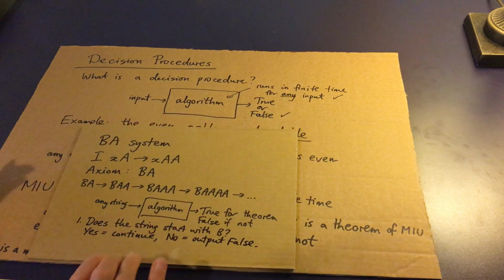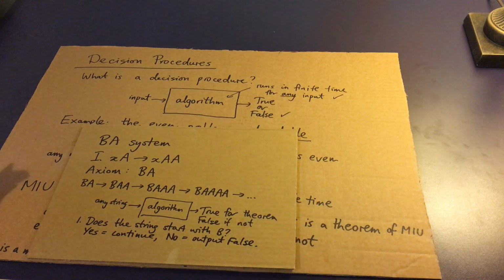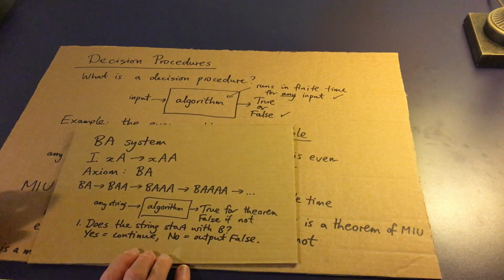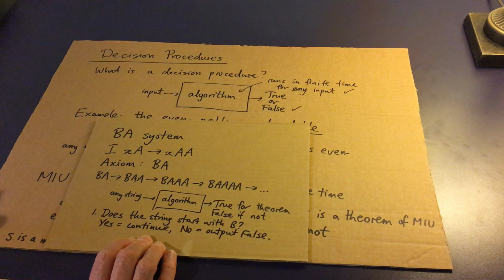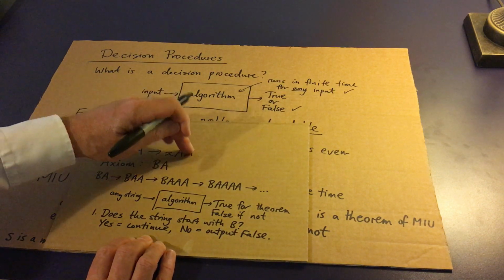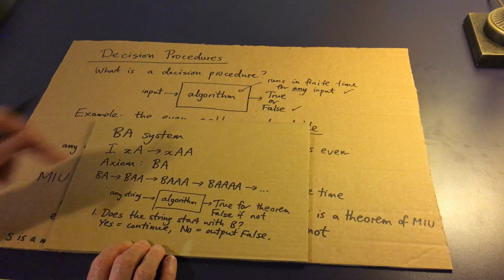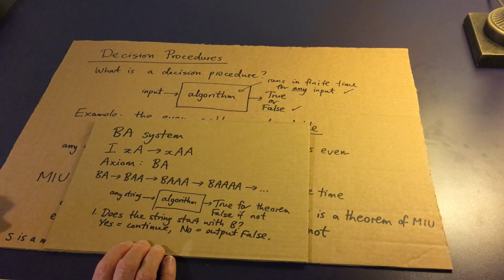So what we know is that all strings, all theorems of the BA system have to start with a B. That's pretty clear because it's stuck on the beginning of the axiom, and the only end of the string that we modify is the far end of the string. So the B is going to stay there forever.